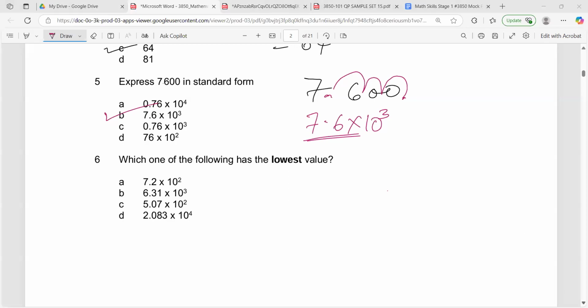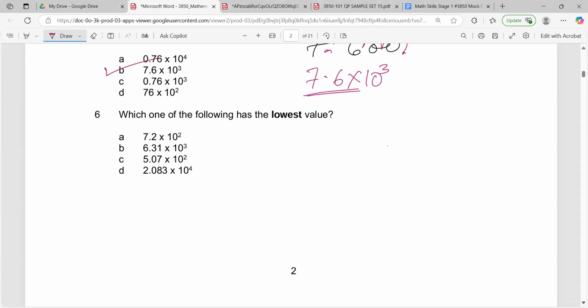All right, so which of the following has the lowest value? If you look, these are gonna be large, right? Because if I move this 4 times, 1, 2, 3, I have to add a 0. So this is gonna be large, and this one is gonna be large because I move it 3 times.